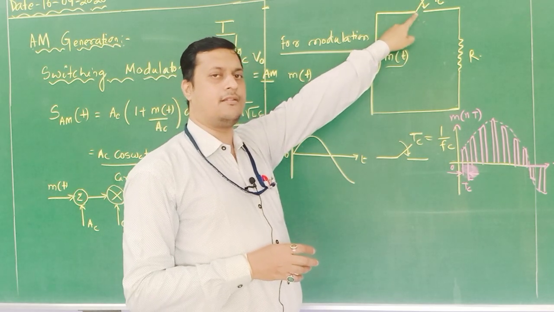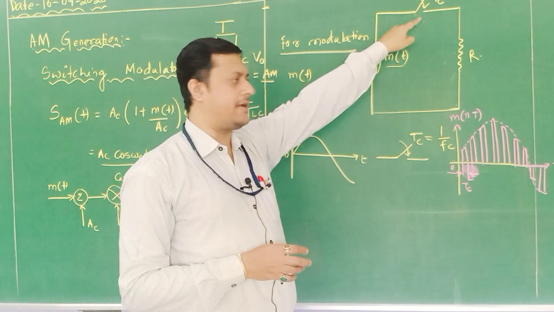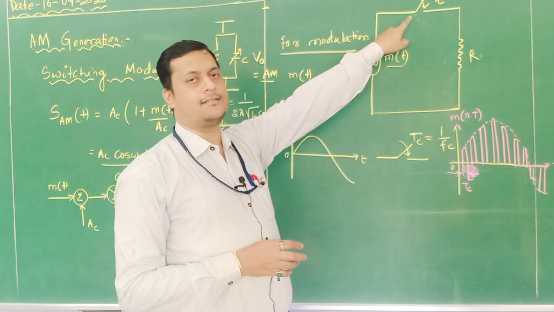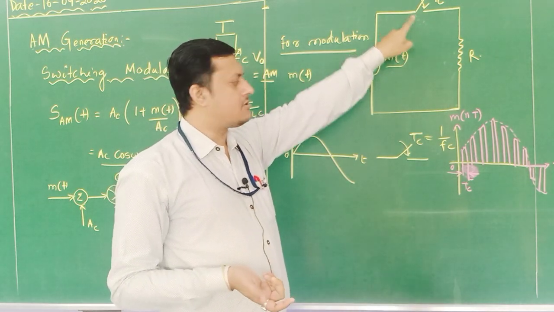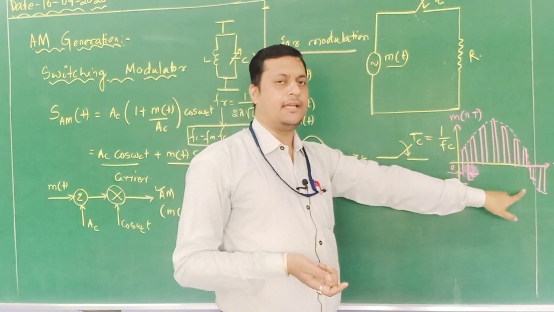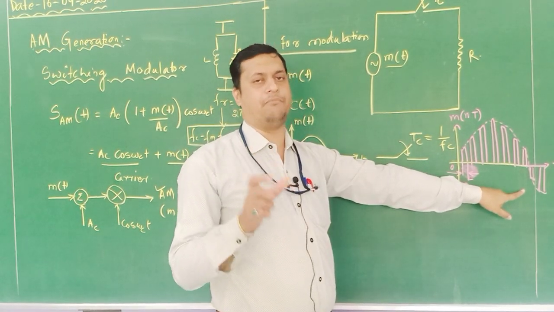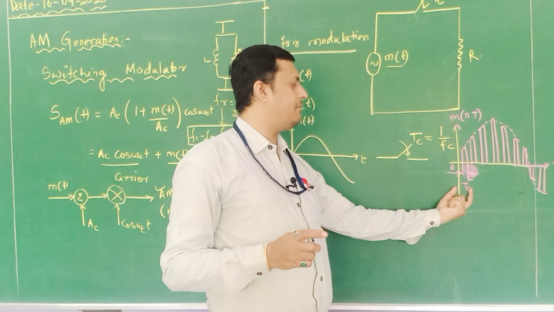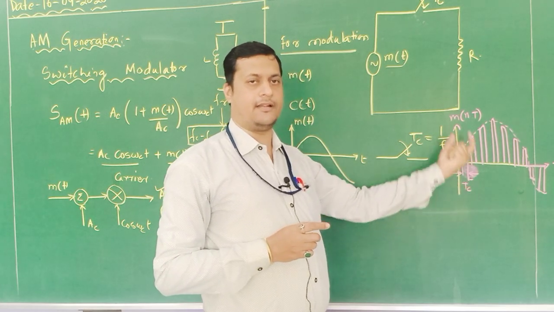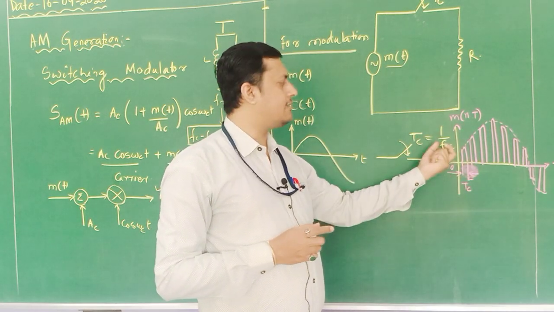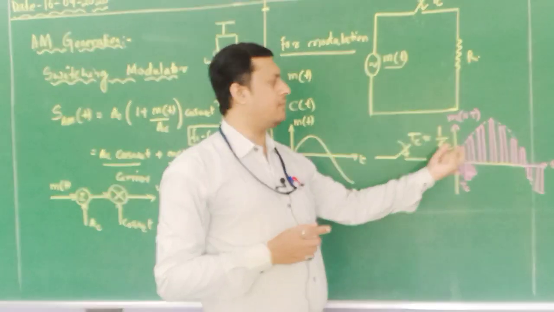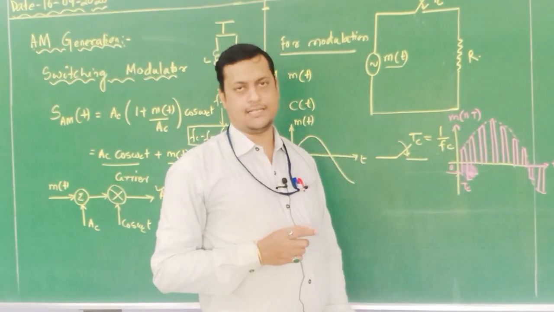This switch is switched on and off at a regular interval of time Tc. I can say it is a periodic signal. So whatever signal I am getting, these are the sample signals with a periodicity of time period Tc. So at a regular interval of Tc, the switch is on and off, and according to that, the number of samples is generated.